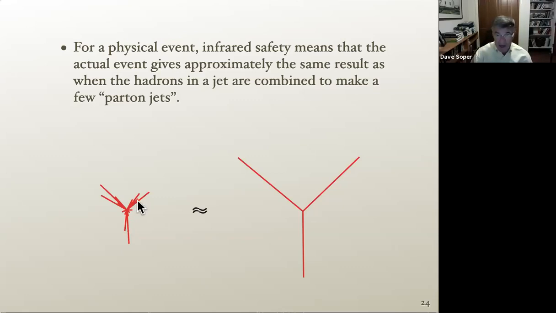Finally, just combining everything, you get the right-hand picture where there are 3 very high momentum jets. So, provided I apply the same algorithm to hadrons as I apply to partons, the physical event has almost the same measurement as a partonic event with just 3 partons. And so that happens if you're measuring something that's infrared safe.